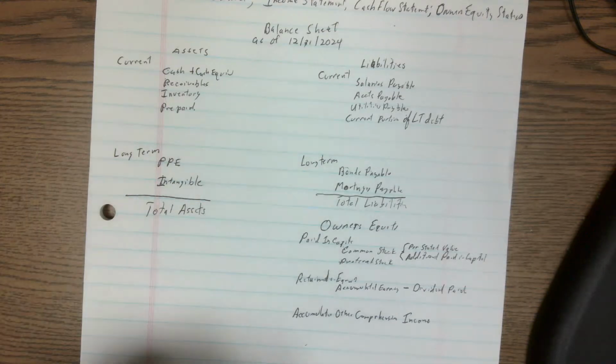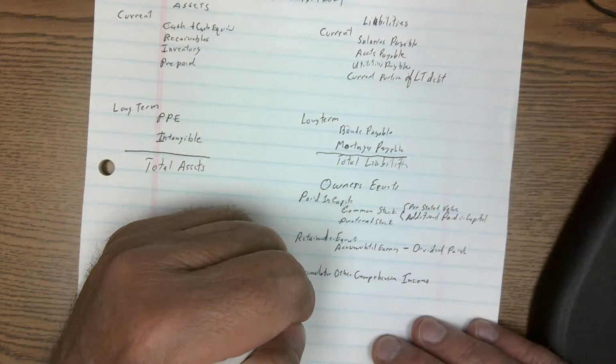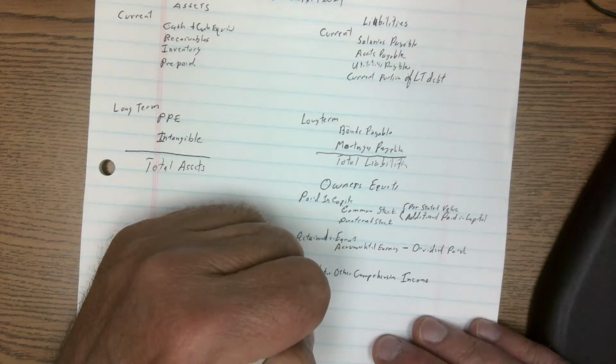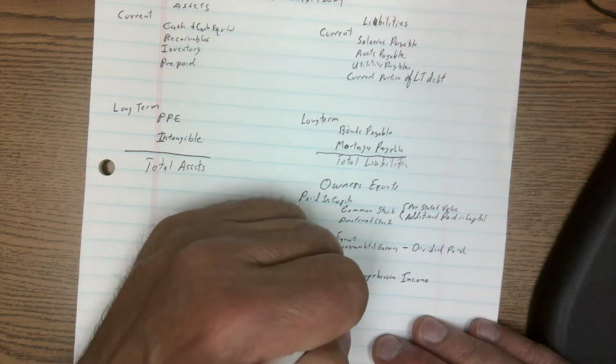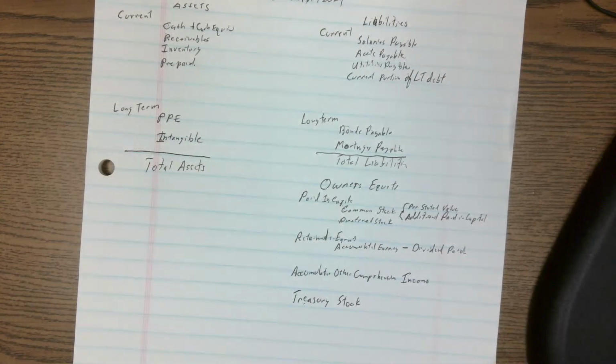There's one other thing in owner's equity that I will put in here, and that is treasury stock. This is when a company buys back its own shares on the market, but doesn't just cancel them.